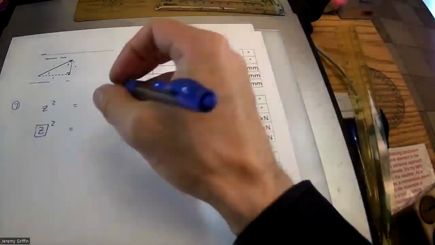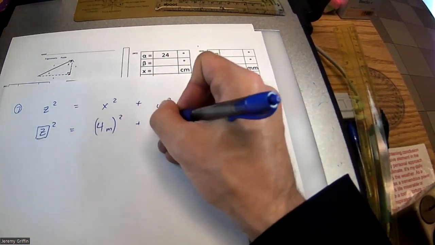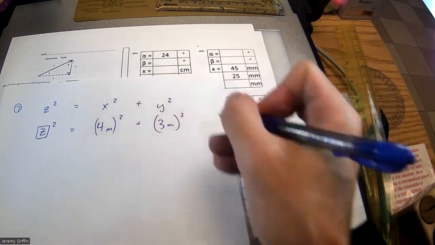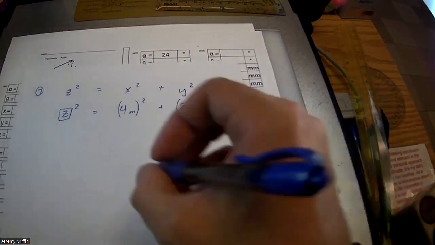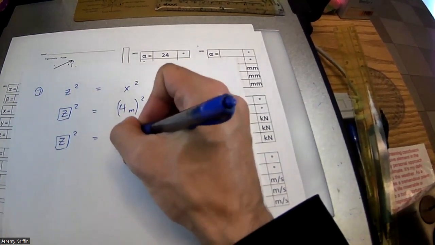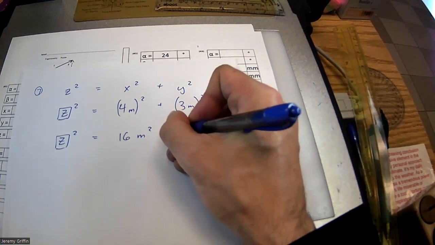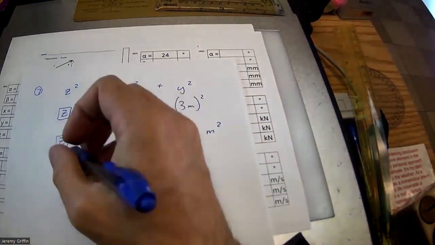What's it, 4 and 3? So 4 meters, 3 meters. Right. So z squared is 16 square meters plus 9 square meters, which is like 25, right?